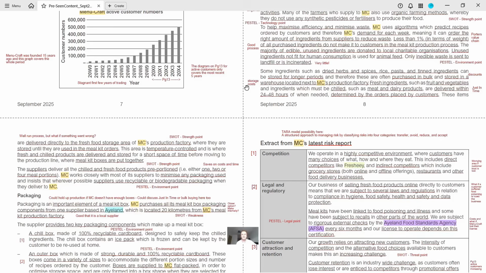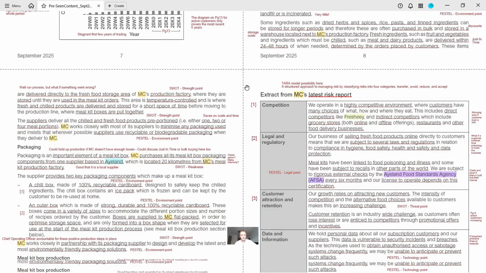So it links into a just-in-time approach for when they're ordering in the goods. Because they're ordering in bulk, you could refer to maybe discounts. However, the flip side, because they're storing some of these in a warehouse, there are going to be extra storage costs associated with it.